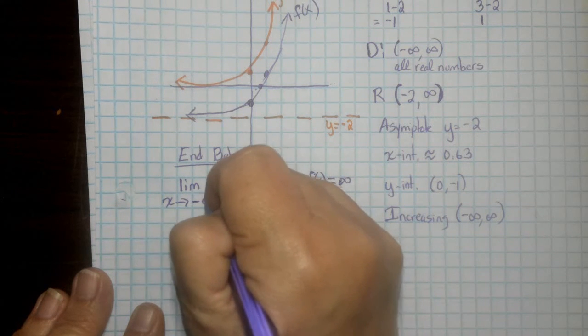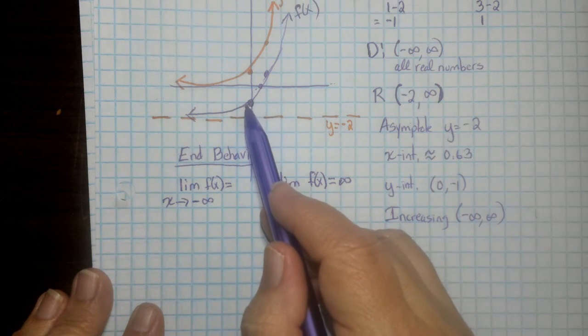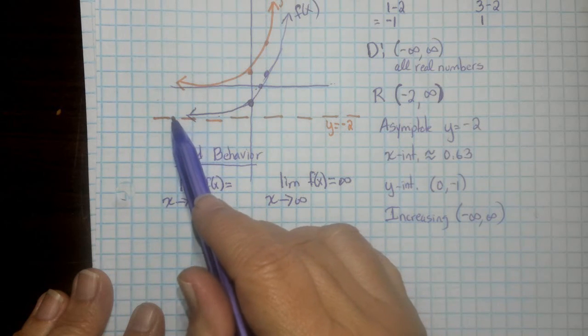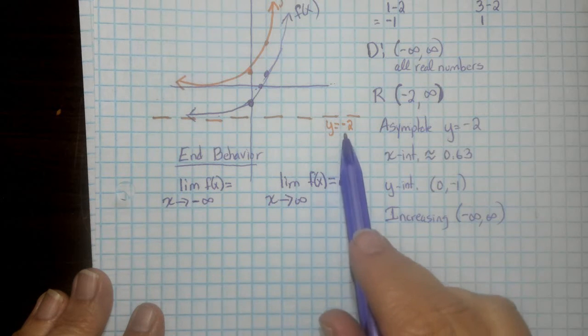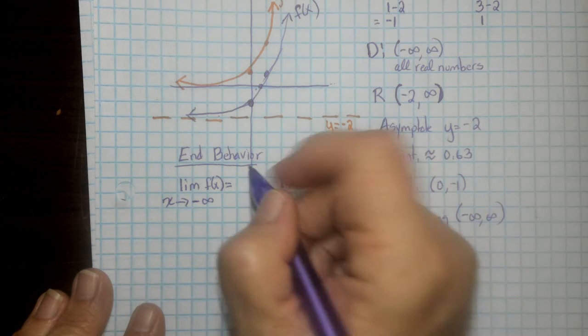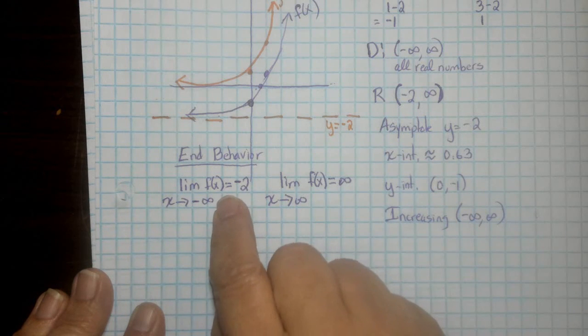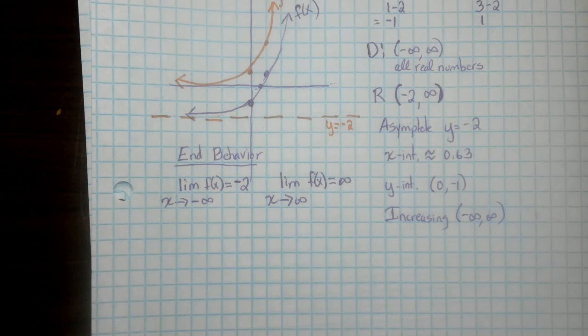And so the limit of f of x equals, as I go towards negative infinity, my outputs get closer and closer to this asymptote, so they get closer and closer to negative 2. So negative 2 is equal to the limit of f of x. So that's everything we would write down to analyze the graph.